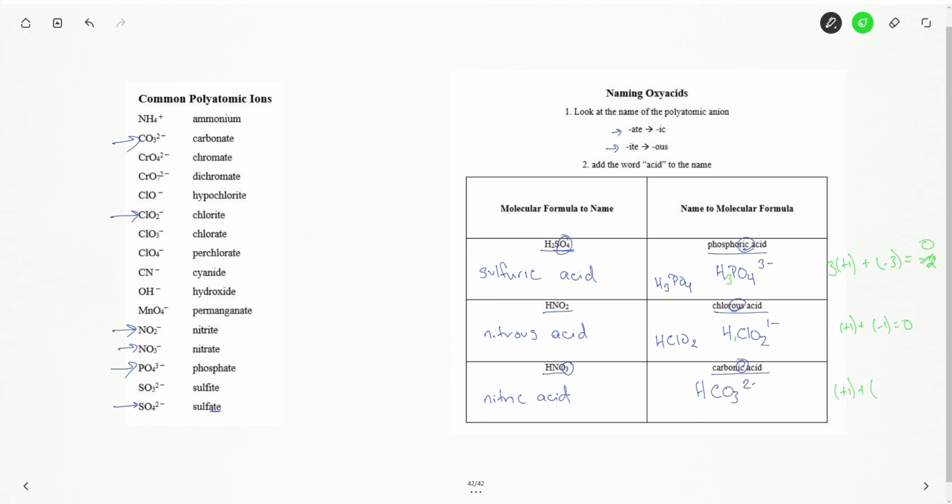I am adding that to carbonate. Let's see, right now I've got an overall charge of -1. That is no good. But if I put 2 here, then that becomes a neutral compound. Therefore, I have 2 hydrogens, and let me just write this out a little bit neater. H2CO3, that is carbonic acid.